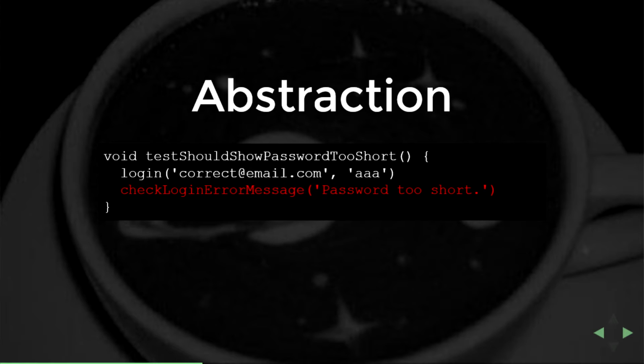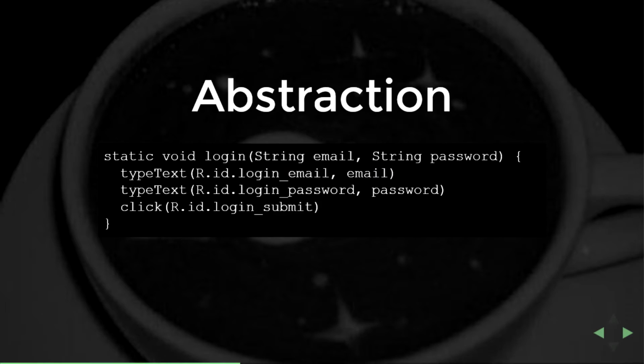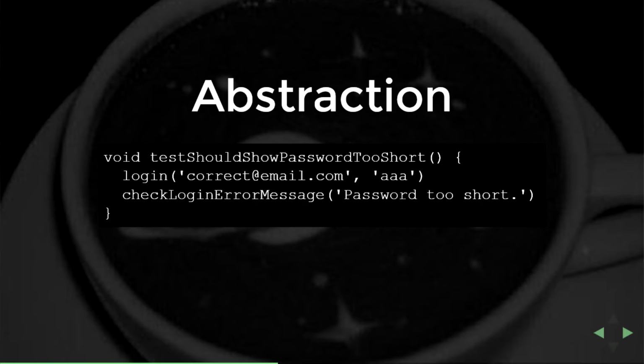So what will be there inside? Will there be the same code that was there before? Like, who can guess? There are only 2 answers. Same. Wrong. There will be another layer of abstraction. So for example, typing text into view with ID, and clicking another view.